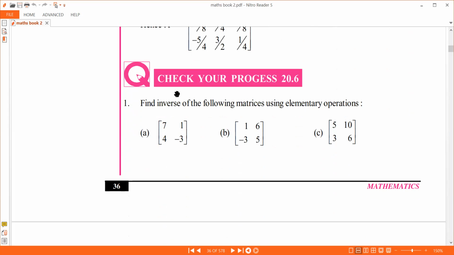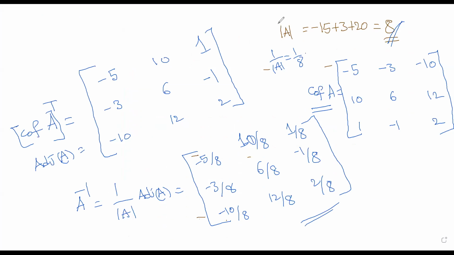7, 1, 4, minus 3. So this is a 2 by 2 matrix, and we should use the 2 by 2 method.